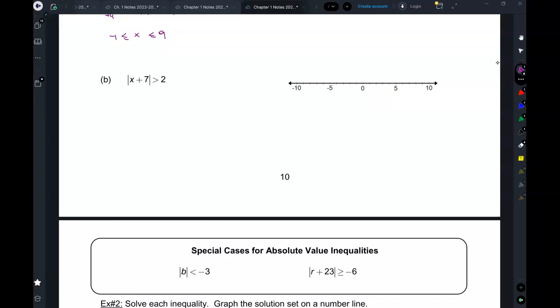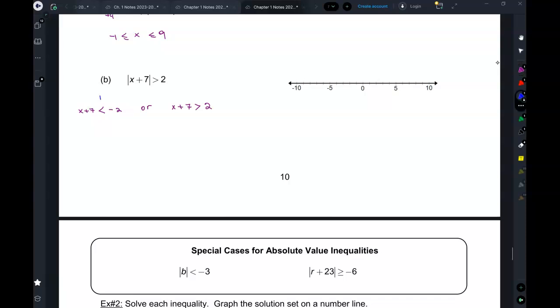Okay. So x plus 7, its absolute value, is greater than 2. Now you want the distance to be greater than 2 units away, right? So that's an OR inequality. So I say x plus 7 is less than -2, or x plus 7 is greater than +2.